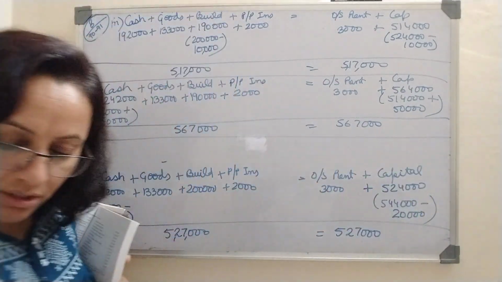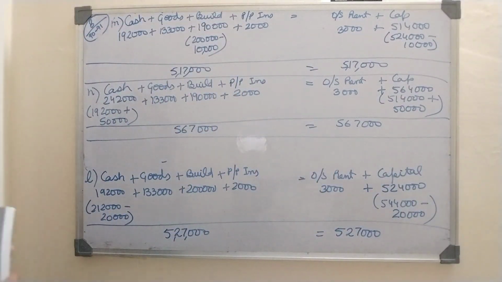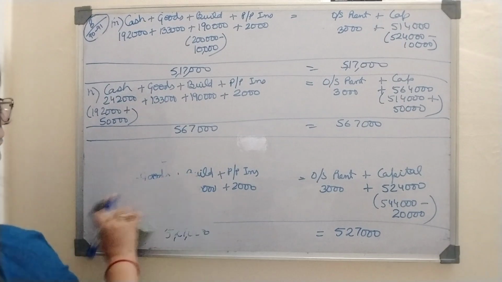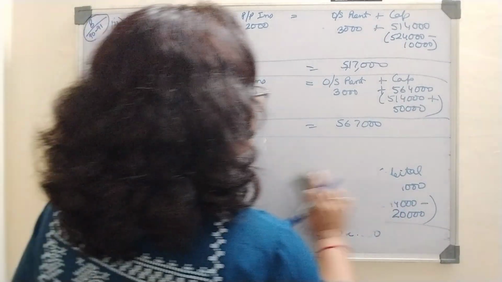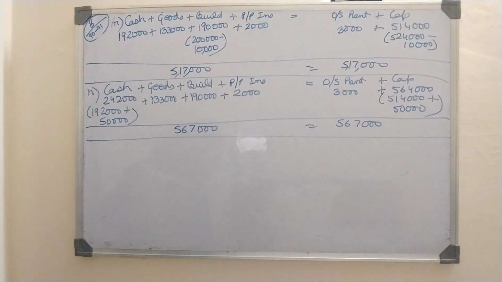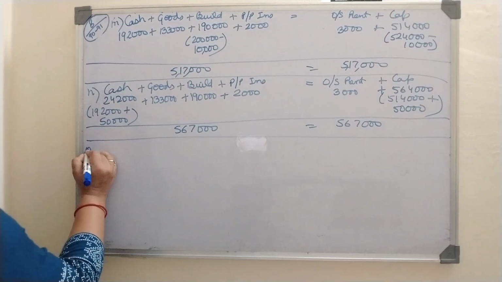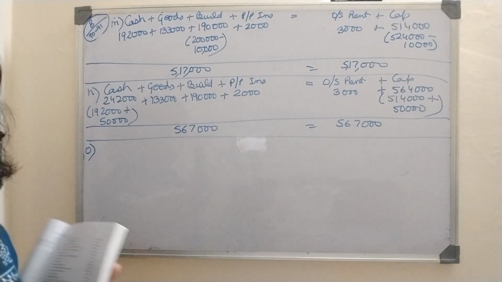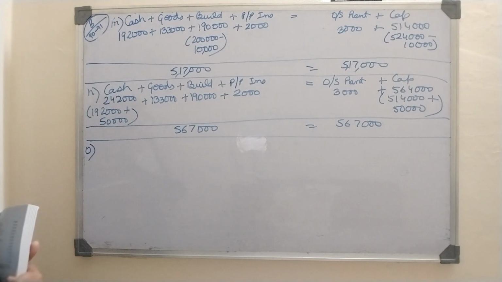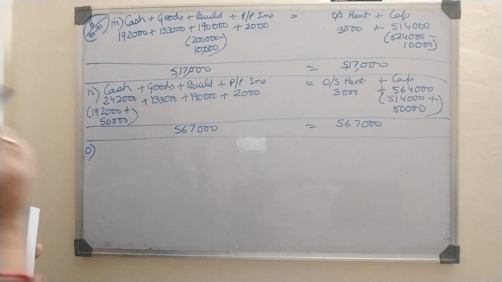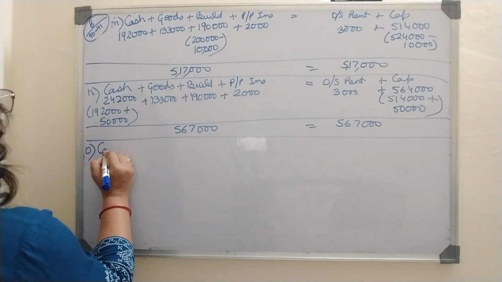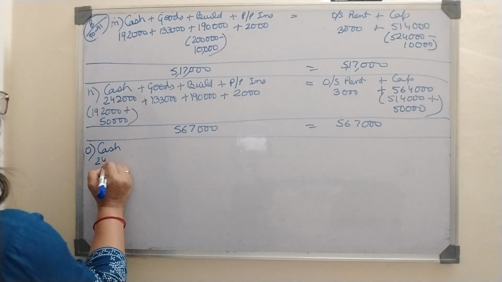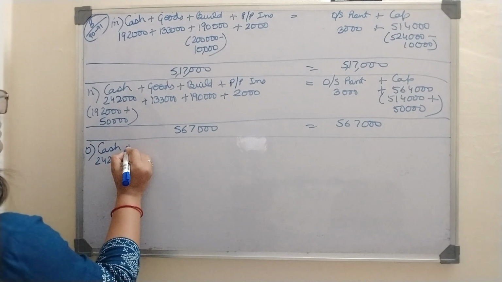We have reached the last part of the question. This question was a bit lengthy, but it was very interesting because most of the things we already know. So the O part says purchase goods from Rakhi for 10,000. Goods are purchased from Rakhi means Rakhi has become our creditor, right? I have not paid. So cash will remain 2,42,000.